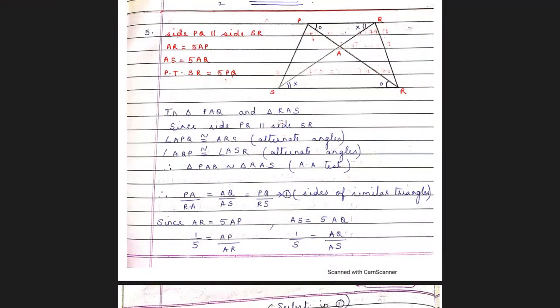Since you know side PQ is parallel to side SR and PR is the transversal, which two triangles do you think are similar? You have a pair of alternate angles over there, QPA and ARS. I have marked it with similar signs.